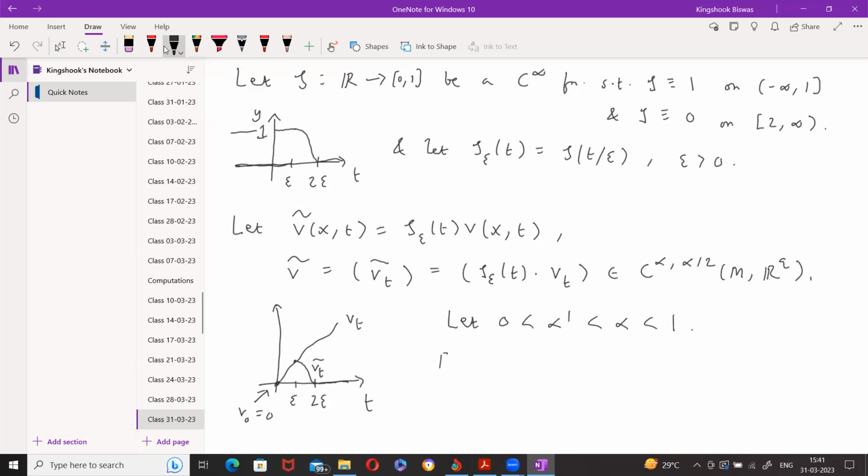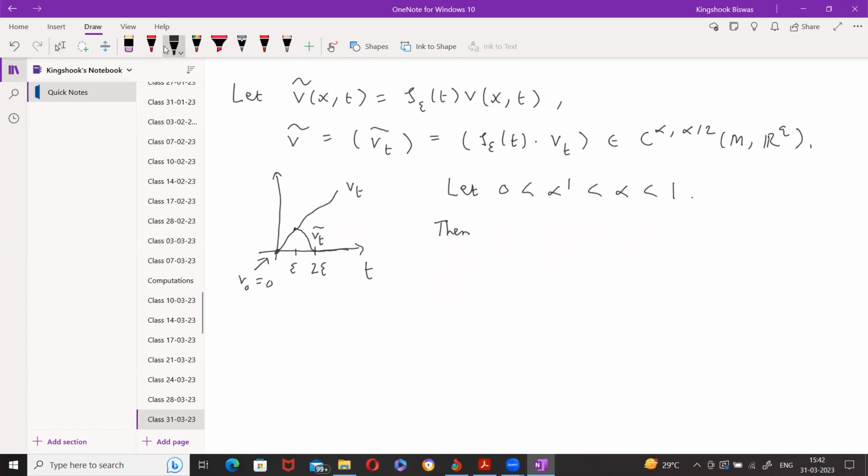Then one can show there exists a constant C positive such that if I look at V tilde, then the alpha prime comma alpha prime by 2 norm of this is less than a constant times epsilon to the power alpha minus alpha prime by 2 into the Holder norm of V alpha by 2.